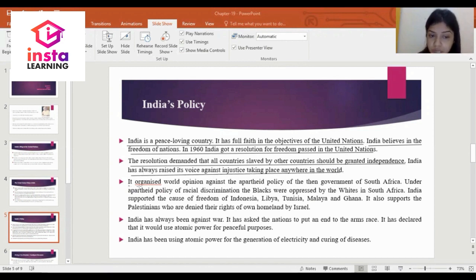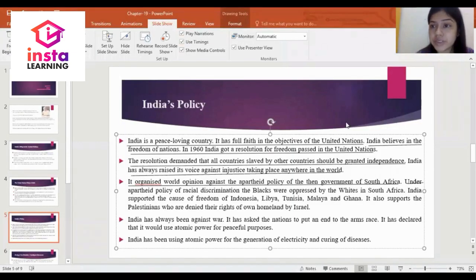It organized world opinion against the apartheid policy of the then government of South Africa, as I am highlighting it.